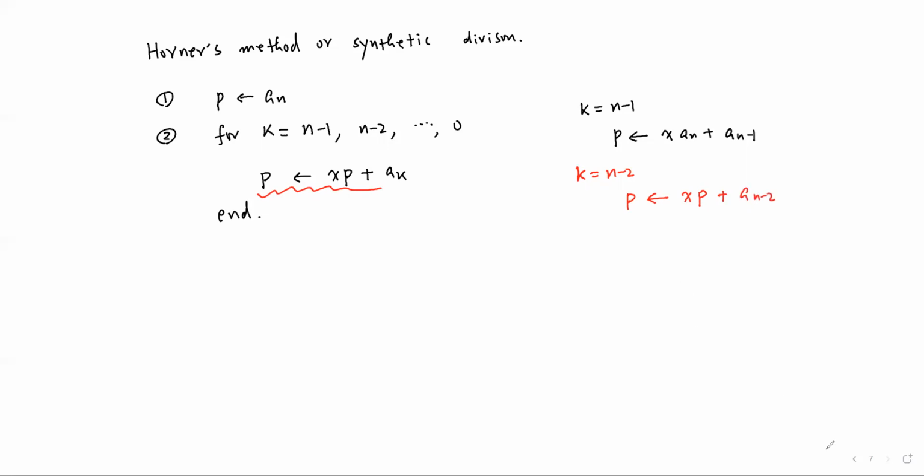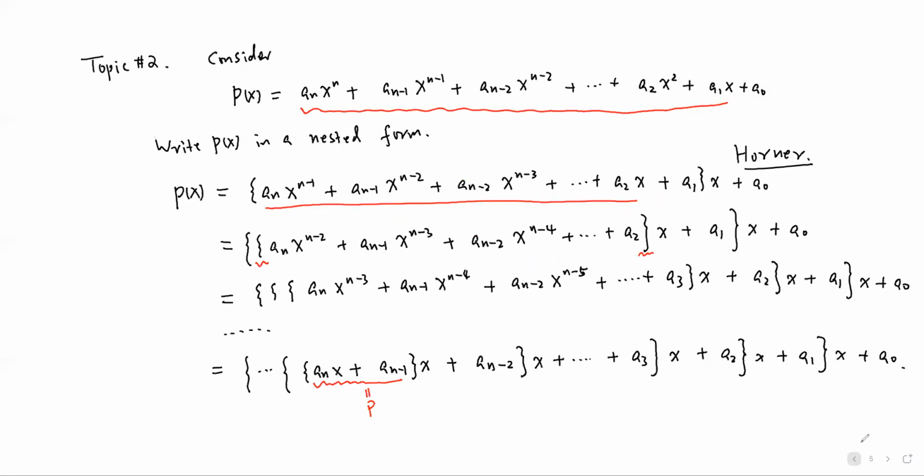Now go back to the nested form. Remember, the old P is this number. Now the new P will be this number.